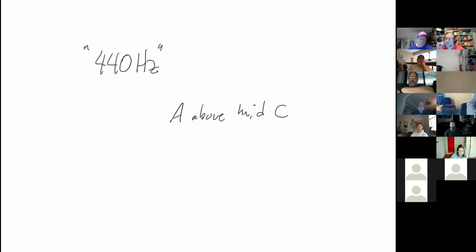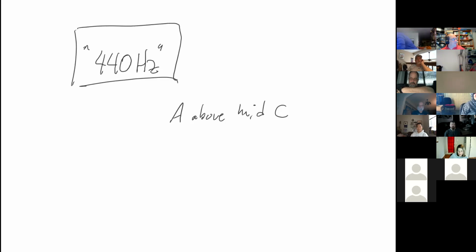A tuning fork. You could use a physical tuning fork, but there are also electronic devices that will output it. Does anyone have an electronic tuner that generates a frequency? Yes, but they're crappy. I have an electronic tuner that tells me if my chord is on that frequency.